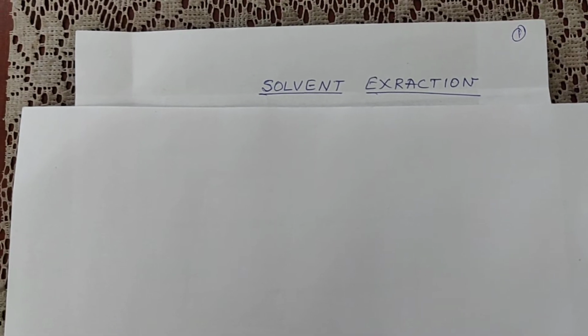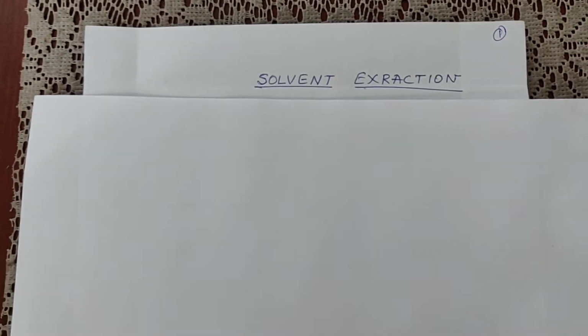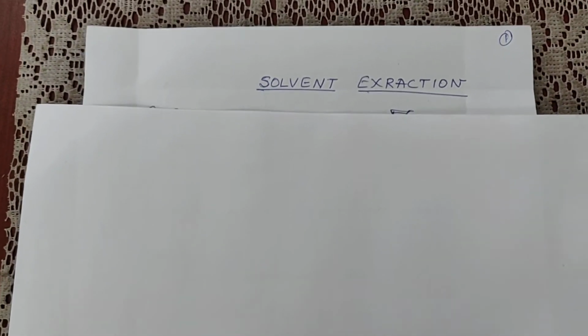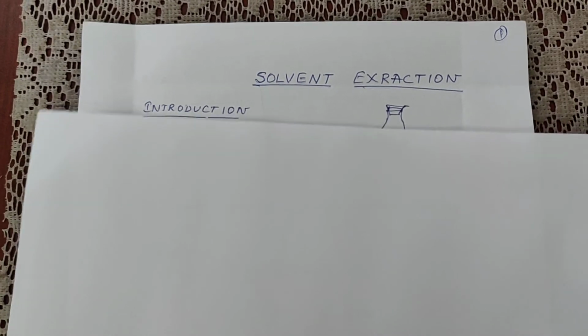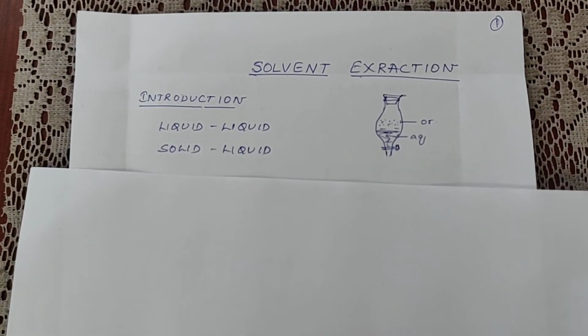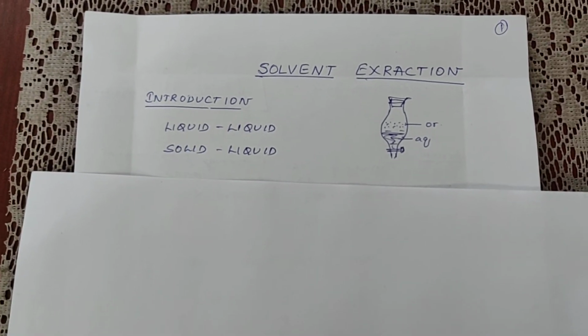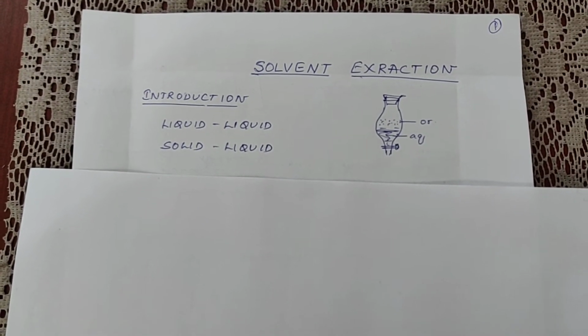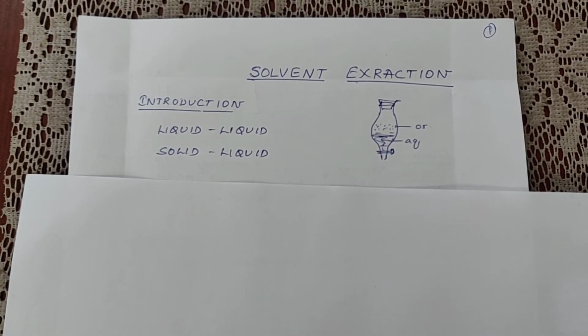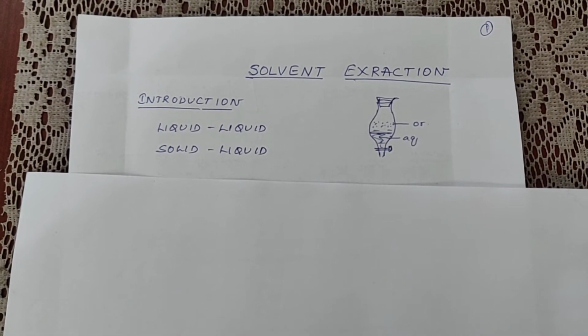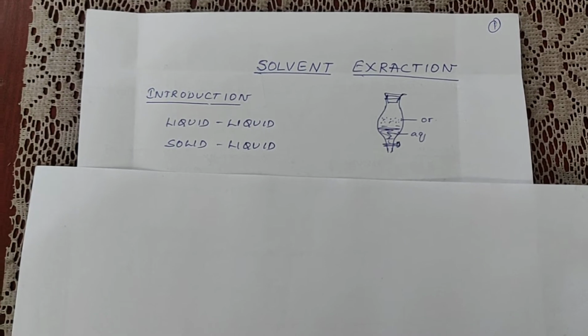Why do we need solvent extraction and what are the types of solvent extractions? There are basically two types of solvent extractions. One is liquid solvent extraction and the other one is solid liquid solvent extraction. Just remember the way in which you prepare coffee or tea.